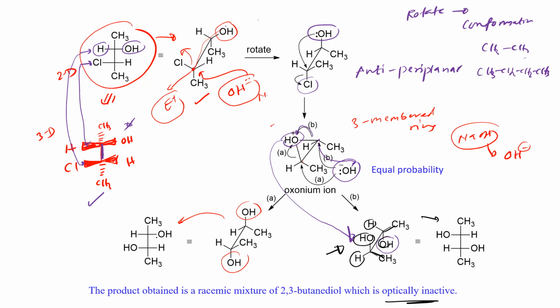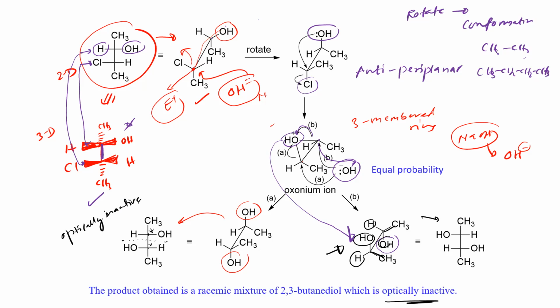Meso means, these two are chiral centers, because this carbon has 4 different groups, and this carbon also has 4 different groups. Then you have 2 chiral centers, but the molecule overall is optically inactive. Why optically inactive? That means no enantiomeric activity, because there's a plane of symmetry.